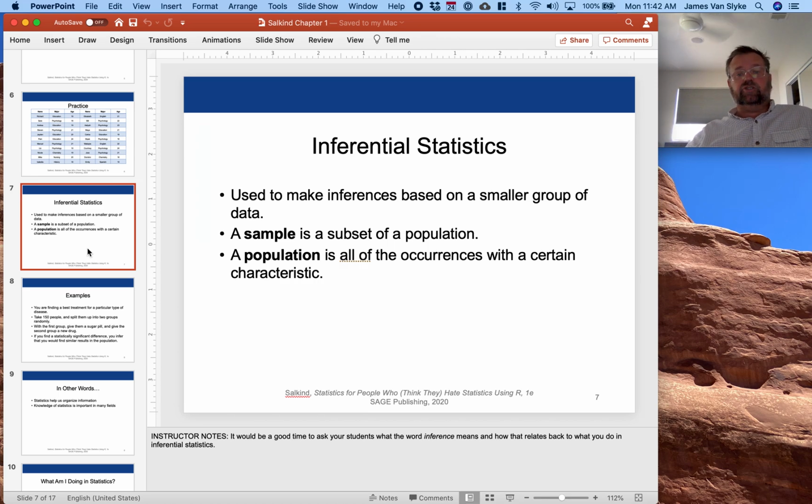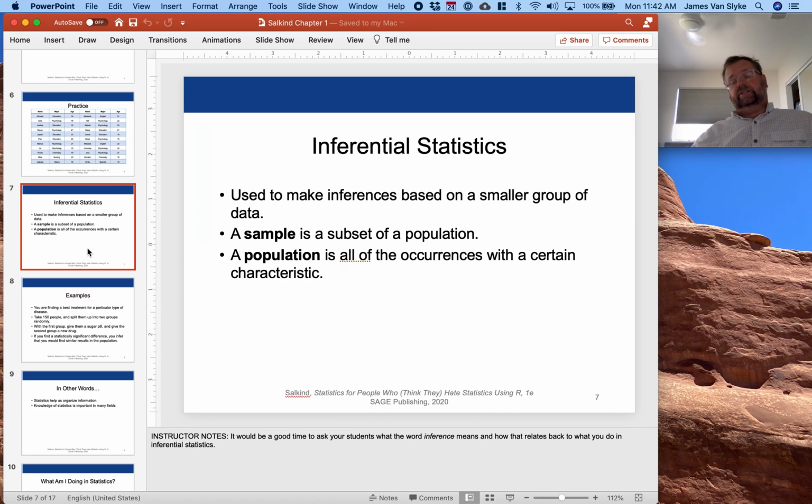A population is all of the occurrences within a certain type of characteristic. So a population would be all students who currently attend Fresno Pacific University. A sample of that would be if I grabbed, say, 50 different students from that population and created a sample.